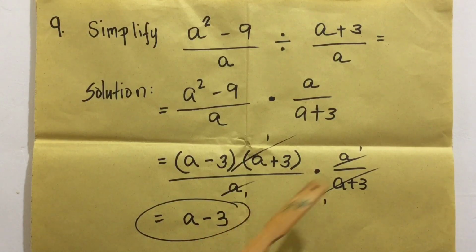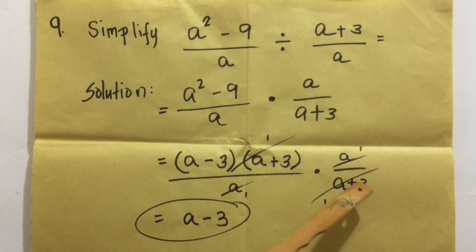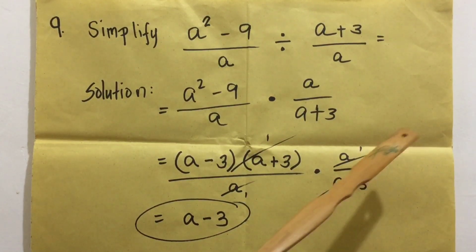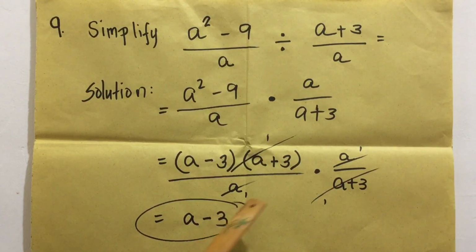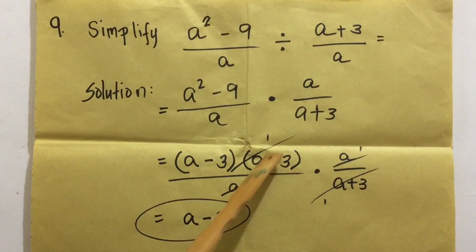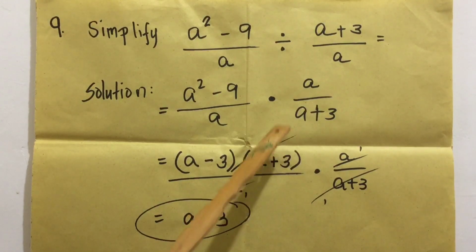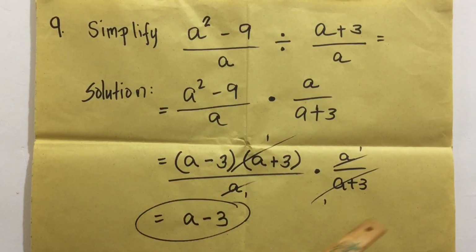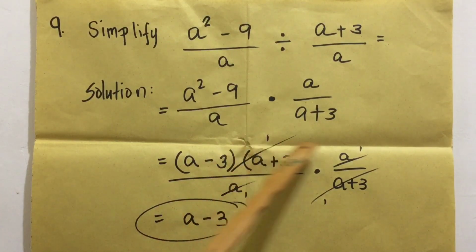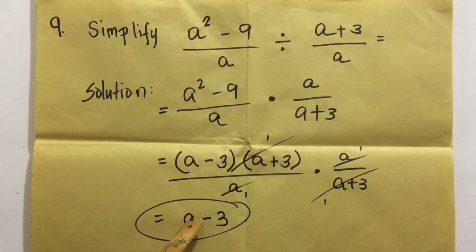Then for the second rational expression, there is no factor needed, so this time we can cancel the a plus 3 and a plus 3. Then we're going to put 1, and if there is no more to be cancelled, we are going to multiply a minus 3 times 1 times 1. The answer is a minus 3, and a divided by a, so the answer is the same, a minus 3.